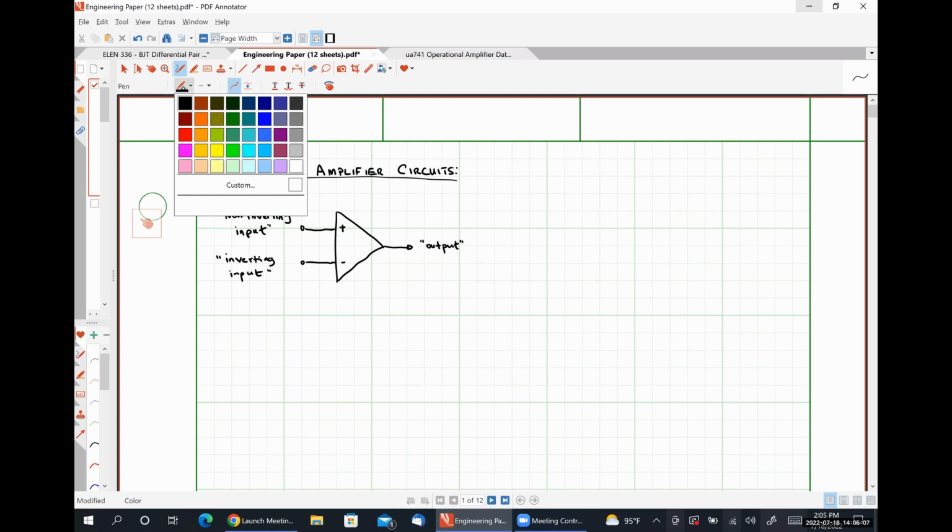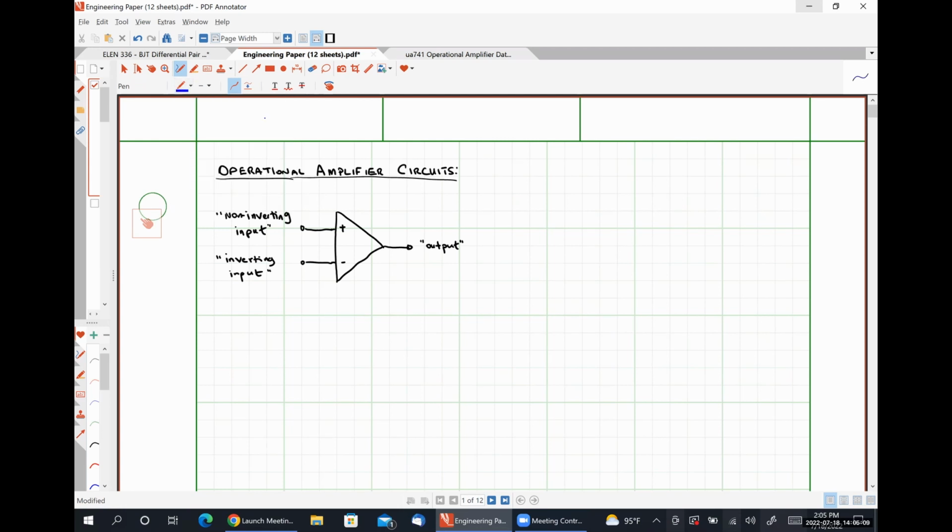There are also a few other terminals which, for the sake of our analysis, are going to be considered optional. But for the sake of practically realizing an op amp circuit, like if we were having this class with live lectures and actually doing the labs, you would be required to build an op-amp circuit. And op-amps are what we call active devices, which means they require external power to work.